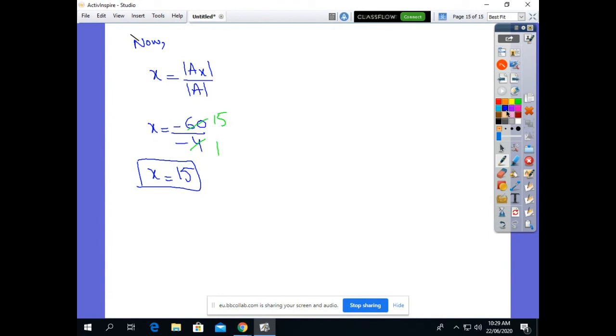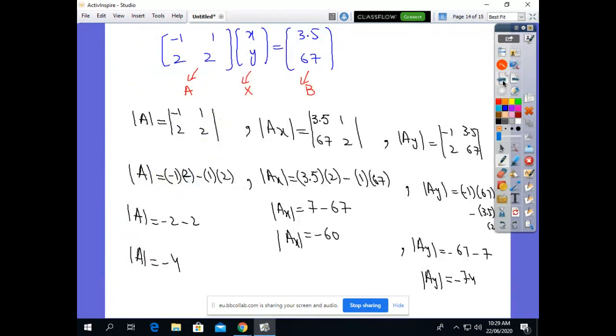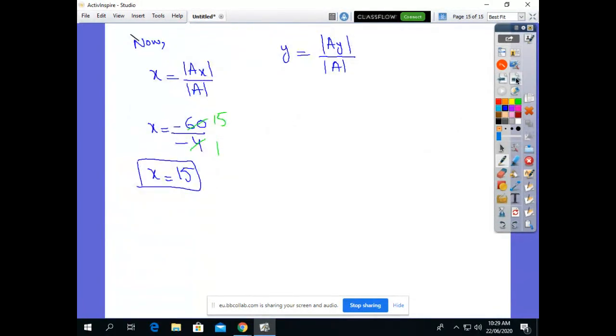Now we find the value of y. What is the value of y? Determinant of AY divided by determinant of A. Now replace the value of AY, which is negative 74. Y is equal to negative 74 divided by the determinant of A, which is negative 4.